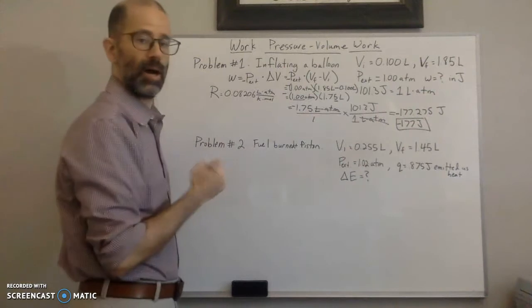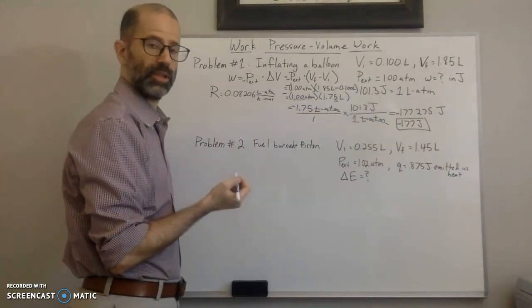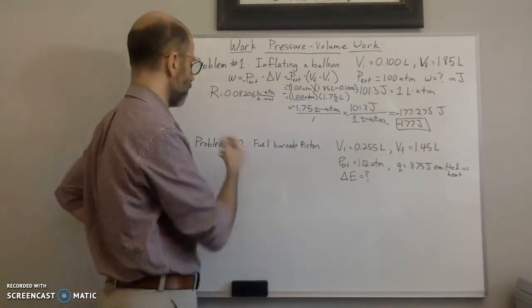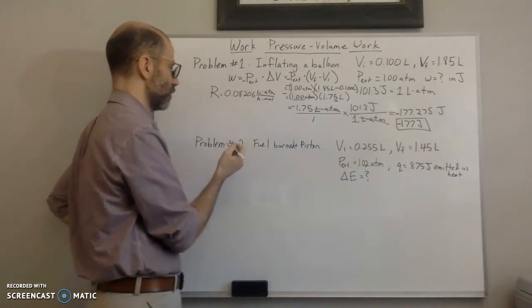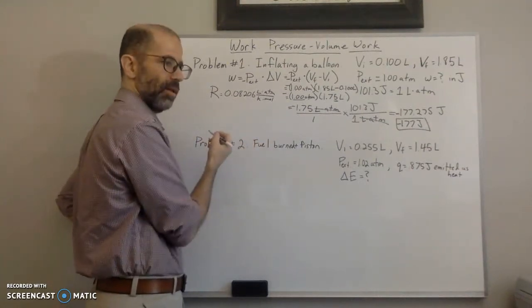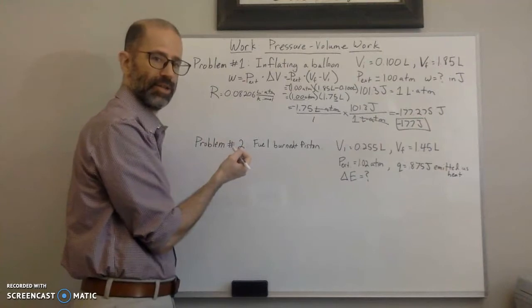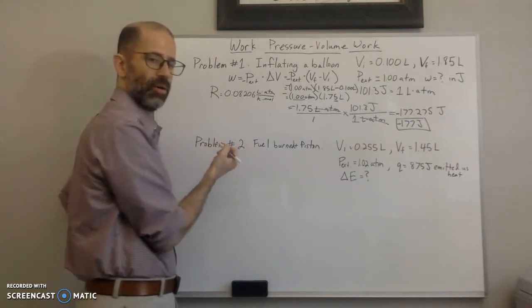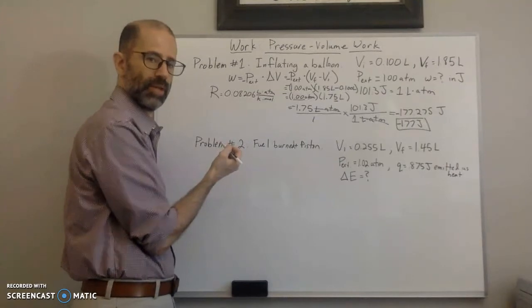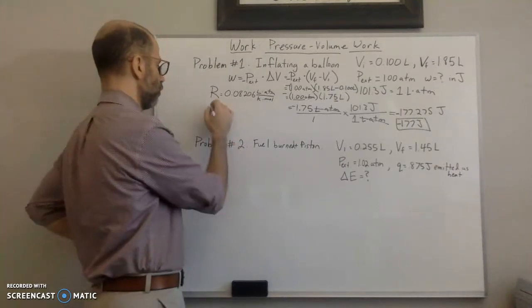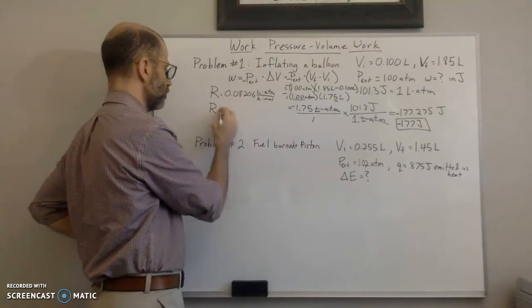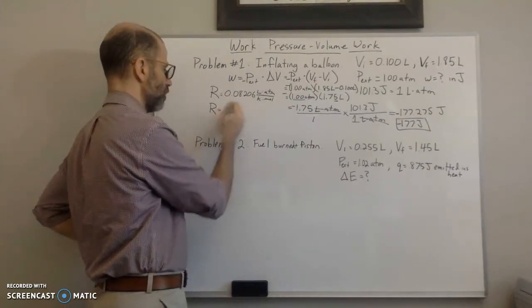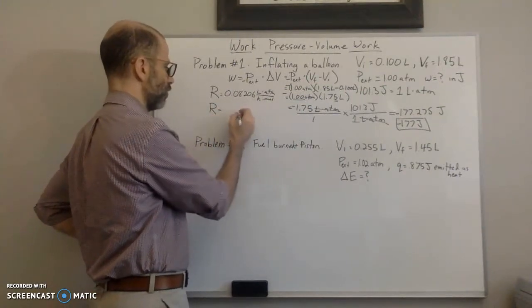But when you're dealing with energy considerations, like the average kinetic energy of a gas, or the root mean squared velocity equation, you also have an R value, but it's a different number and the units are different.